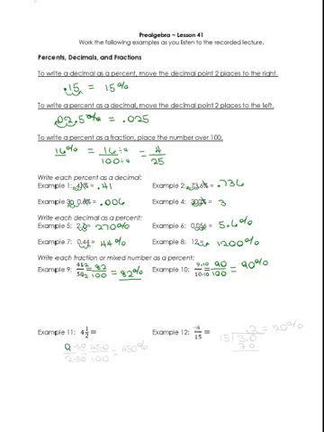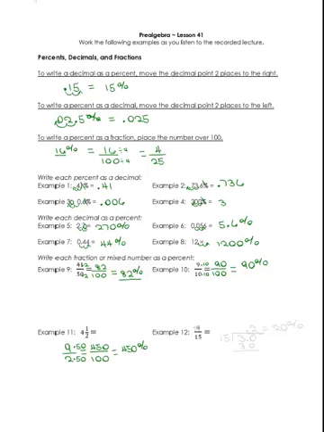That gives me 9 over the same denominator. Now, can I easily get this to become a fraction with a denominator of 100? I can, if I multiply each of them by 50. I will have 450 over 100, or 450%.